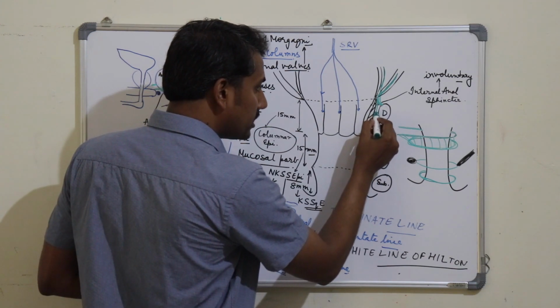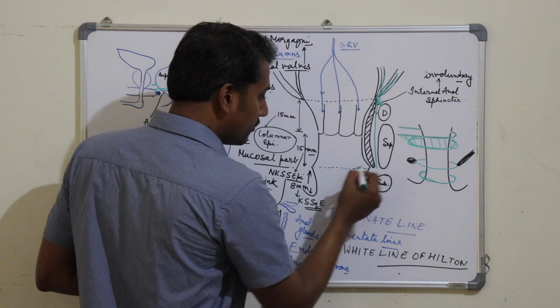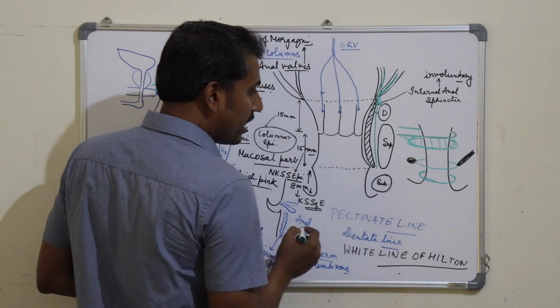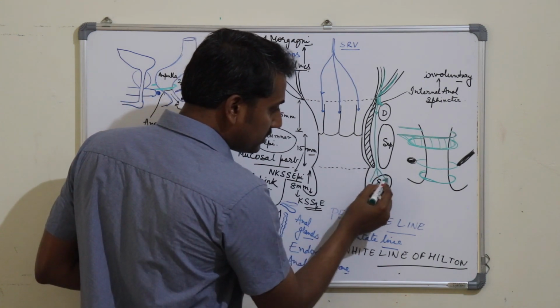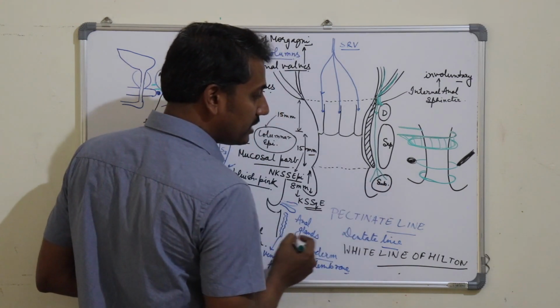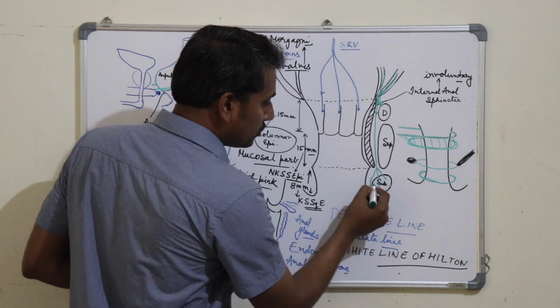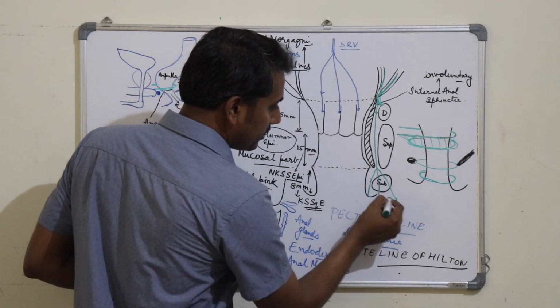This fibroelastic septa reaches till the level of the white line of Hilton, and here it divides into numerous septa which pierce the subcutaneous part of the external anal sphincter and get attached to the perianal skin here.